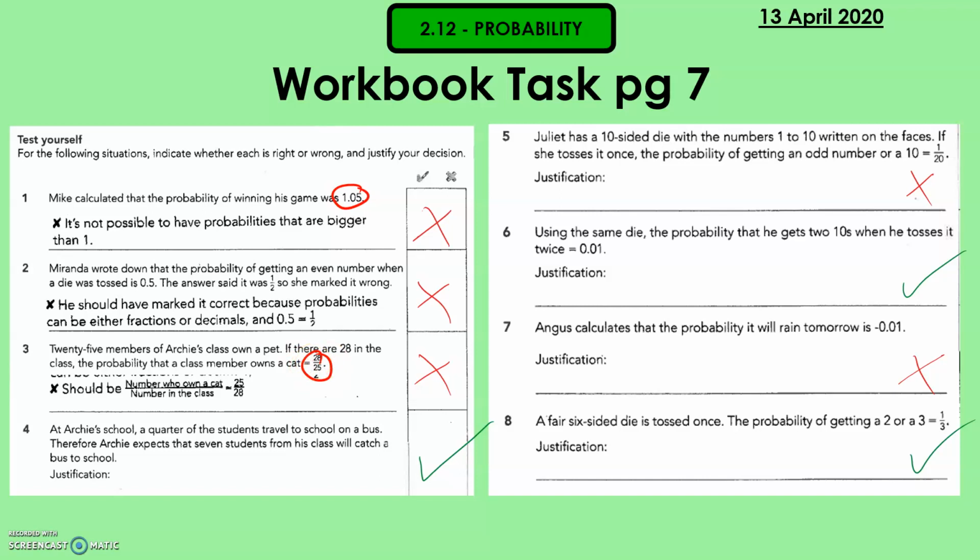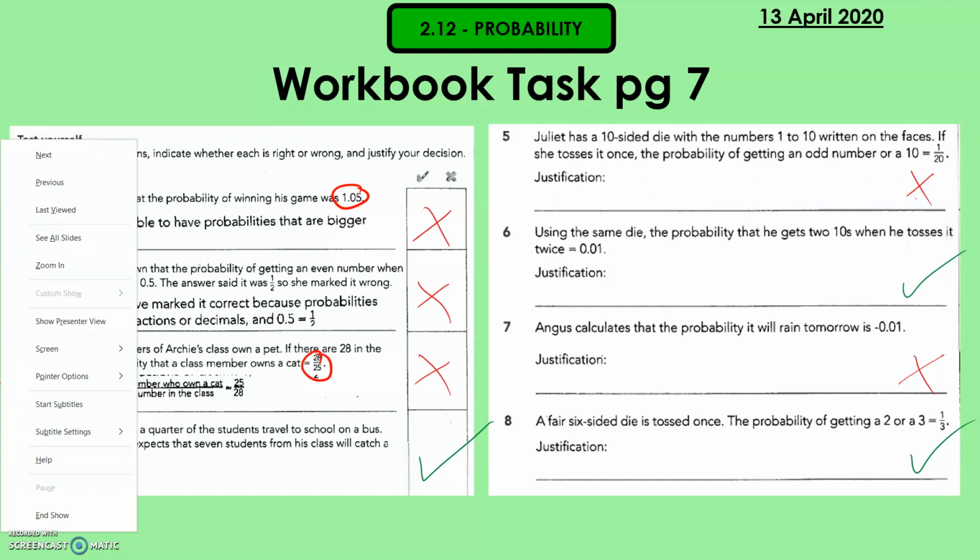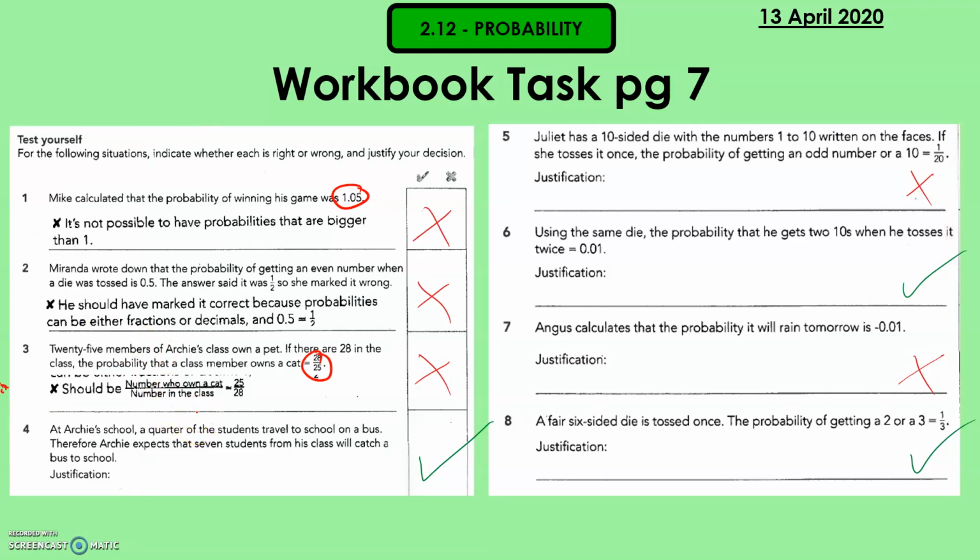The denominator in probability should always be bigger than the numerator. Again, it's basically the same problem as in question 1, where we've ended up with a probability greater than 1. So it should have been the number who own a cat divided by the number who are in the class, which is 28.